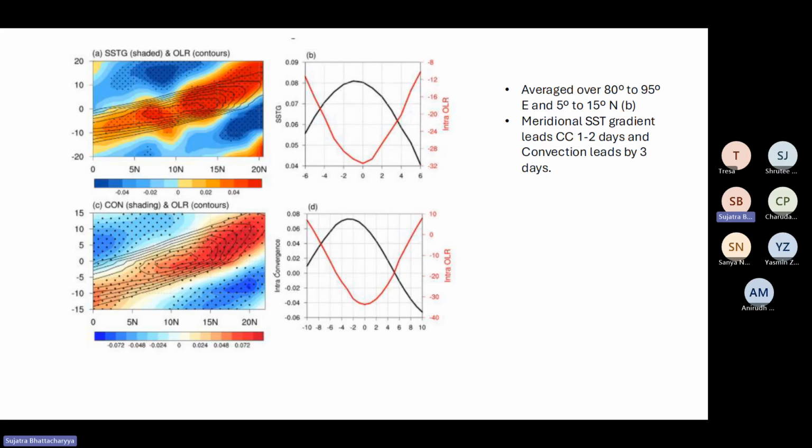This is the SST gradient. Again, the convection center contours we can clearly see using OLR. And here, in this plot, the maximum SST gradient leads by 1 or 2 days. And here, the actual convection that is happening leads by 3 to 4 days of this convection center.